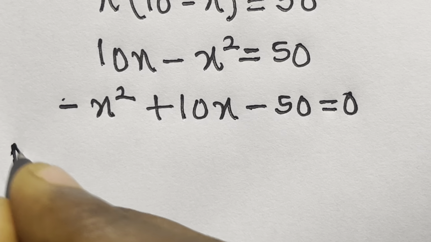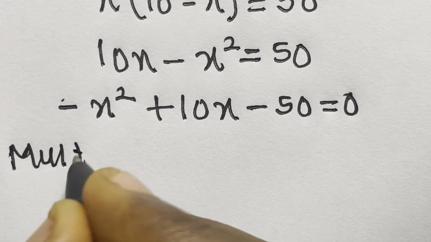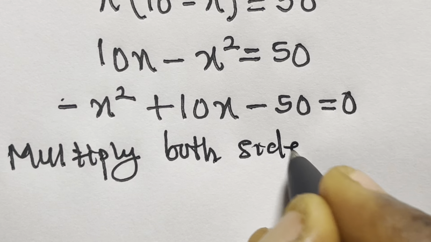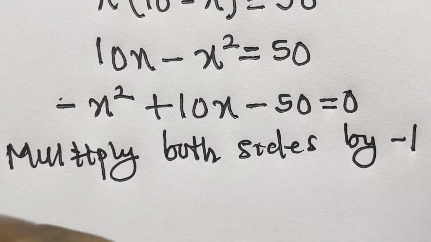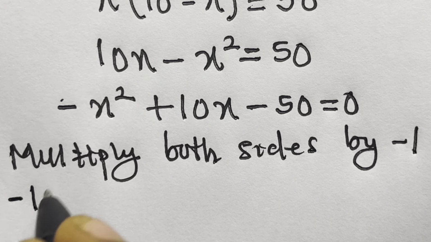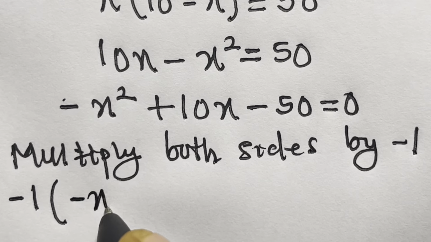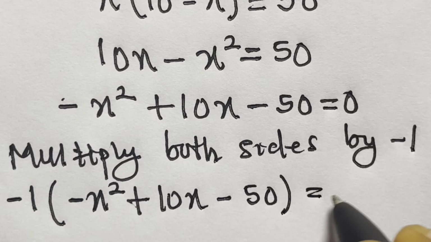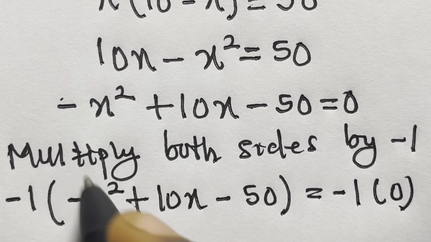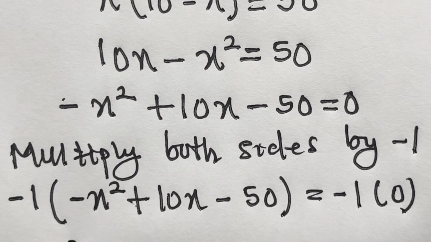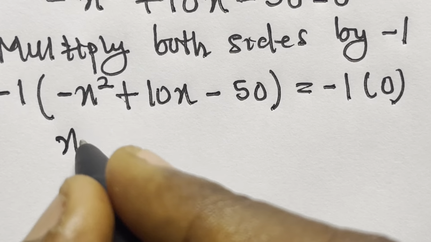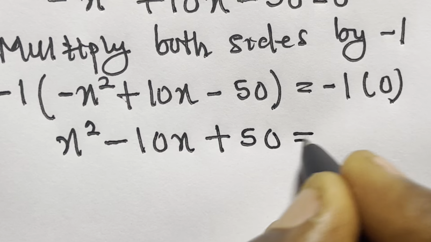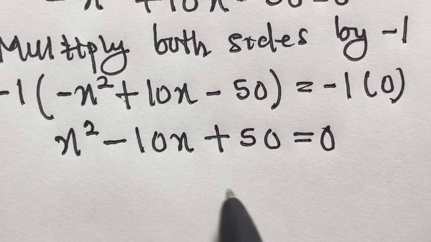So we have minus 1 times minus x squared plus 10x minus 50, then minus 1 times 0. So we'll have x squared minus 10x plus 50 equals 0. So we will solve this quadratically.